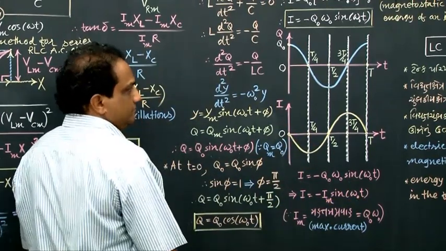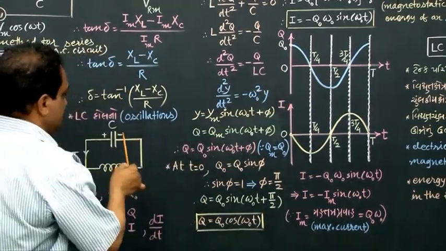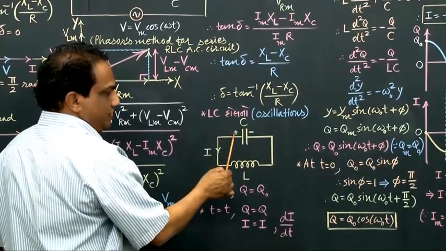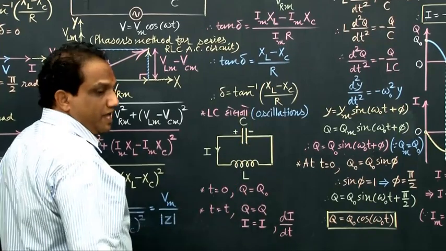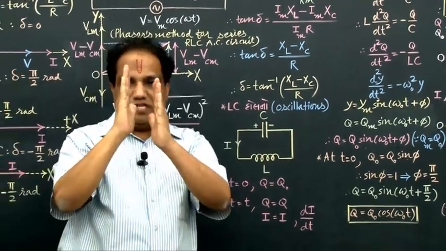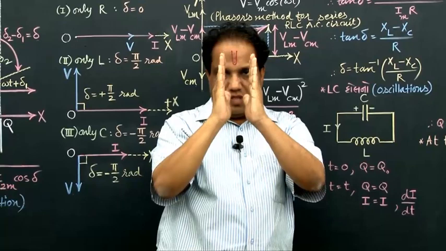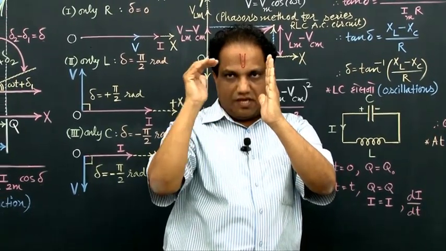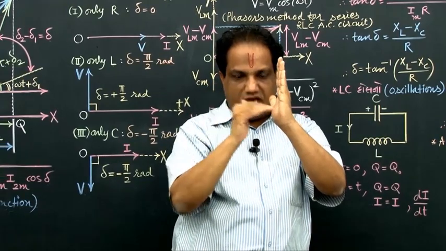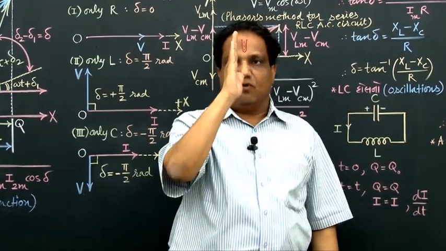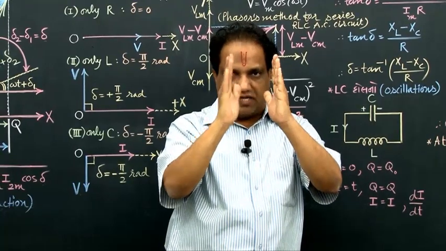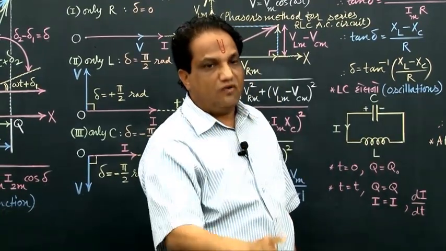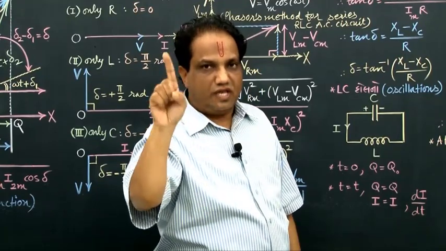Now tell me, when there is a charge on the capacitor, meaning one plate has some positive charge and the other plate has some negative charge, then in the space between these two oppositely charged plates there exists an electric field from the positive plate to the negative plate. And in that electric field, energy is stored in the form of electrostatic potential energy.